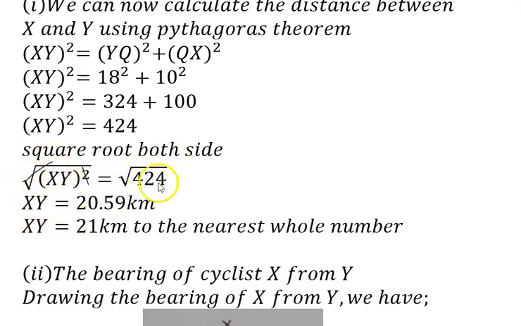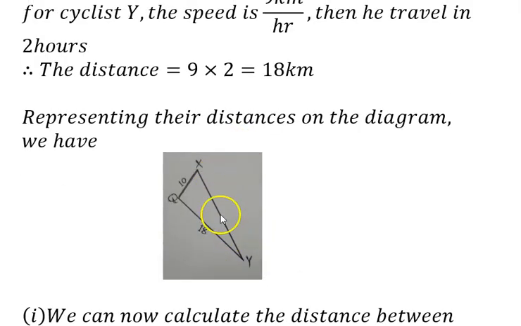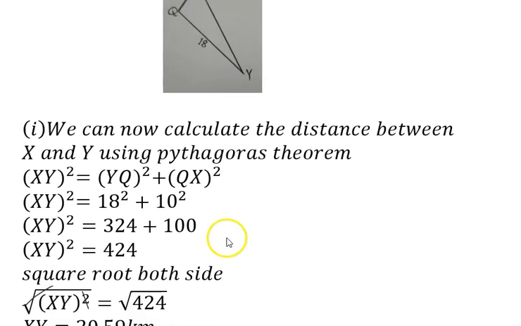The square root of 424 will give you 20.59. But the question says to the nearest whole number, so you approximate this, it gives you 21 kilometers to the nearest whole number. So from here to here is 21 kilometers. Beautiful.